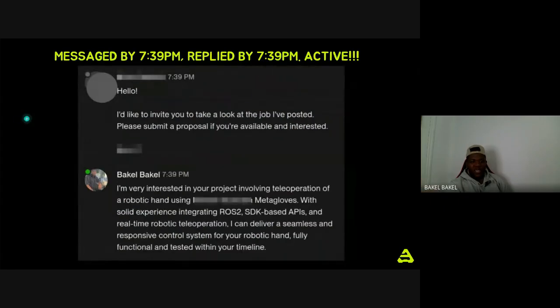So if you notice, he messaged me at 7:39. I have my notifications on for Upwork. If you ever want to get the fastest reply, it's LinkedIn and Upwork for me. So I reply exactly on the spot, because I'm on my PC, I get a notification, I click, I read, I just type something real quick.